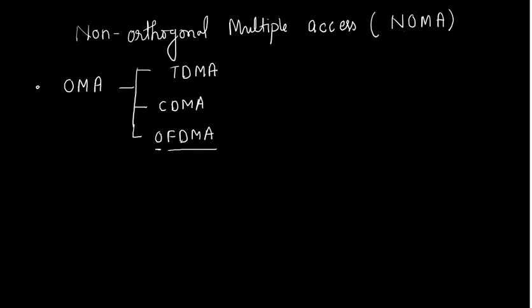It means if our base station is serving two users simultaneously, either they will be differentiated or the data will be transmitted to user 1.